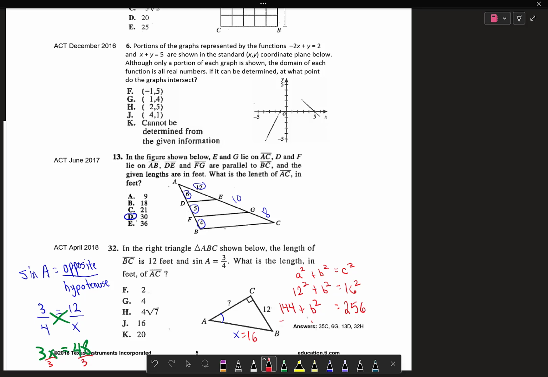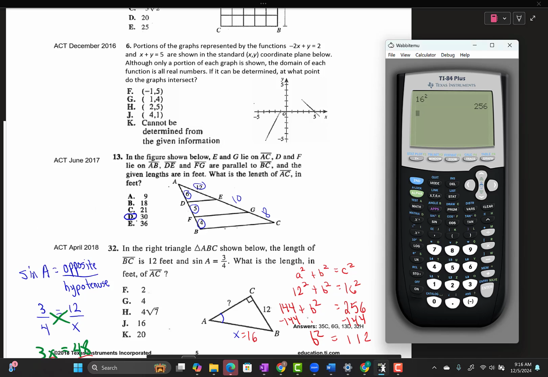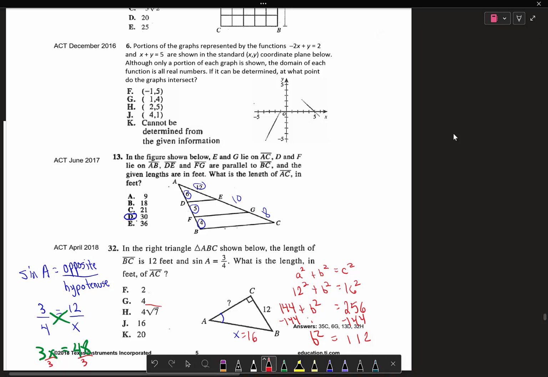Subtract 144 from both sides. And we get b squared equals 112. Last step is take the square root of 112 to figure out what b is. I think it's pretty safe to say it's 10.58. That's equivalent. We found that earlier. That's equivalent to 4 radical 7.